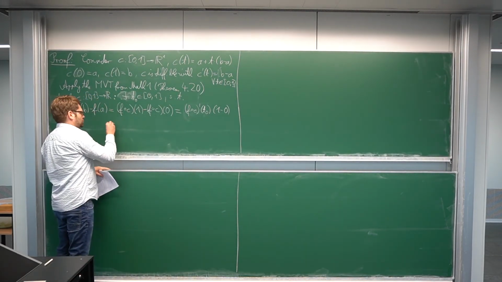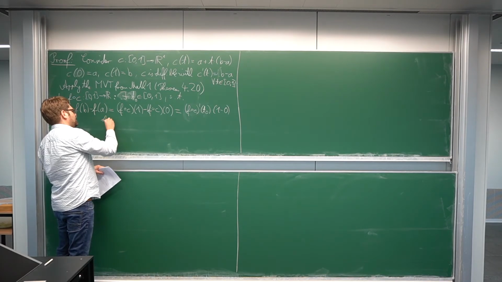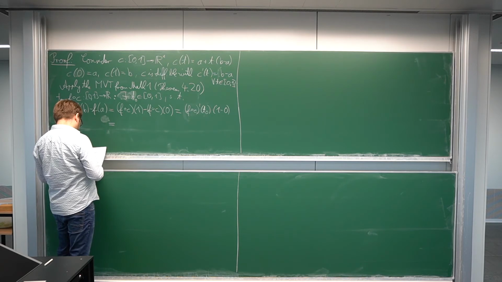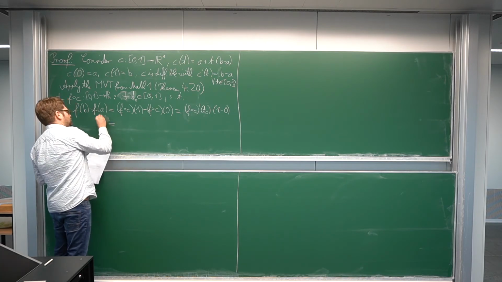But by the chain rule, this was the particular case of the chain rule that we had, corollary 1229, the one I had stated explicitly.